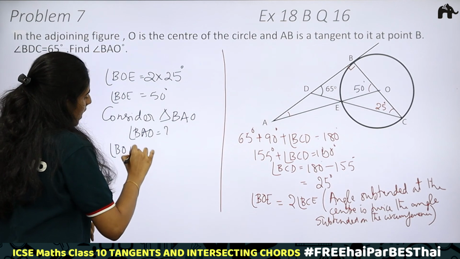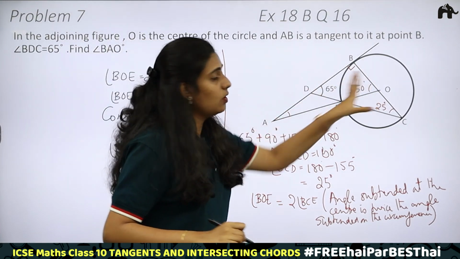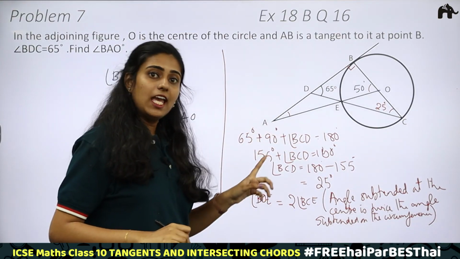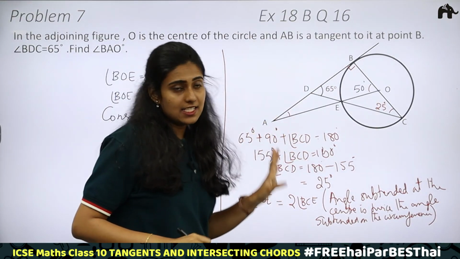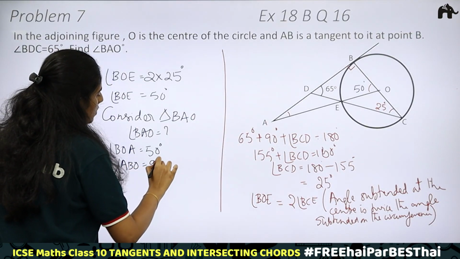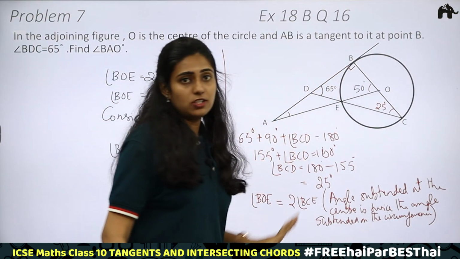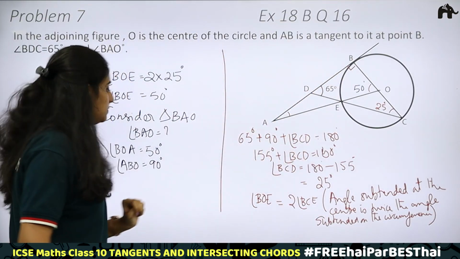Angle BOA is equal to 50 degrees. What about this angle ABO? ABO we have, that is 90 degrees. That is, the angle between the tangent and the radius at the point of contact is always a right angle.